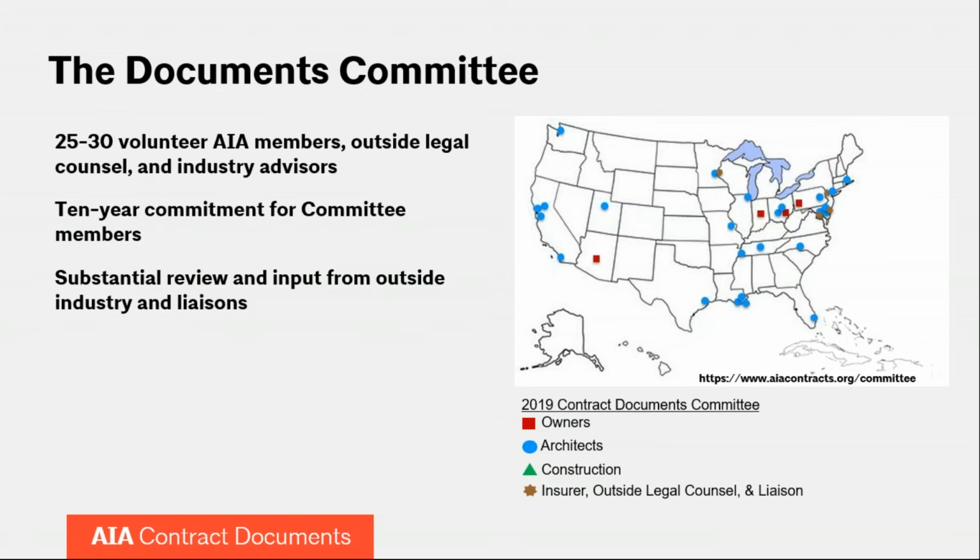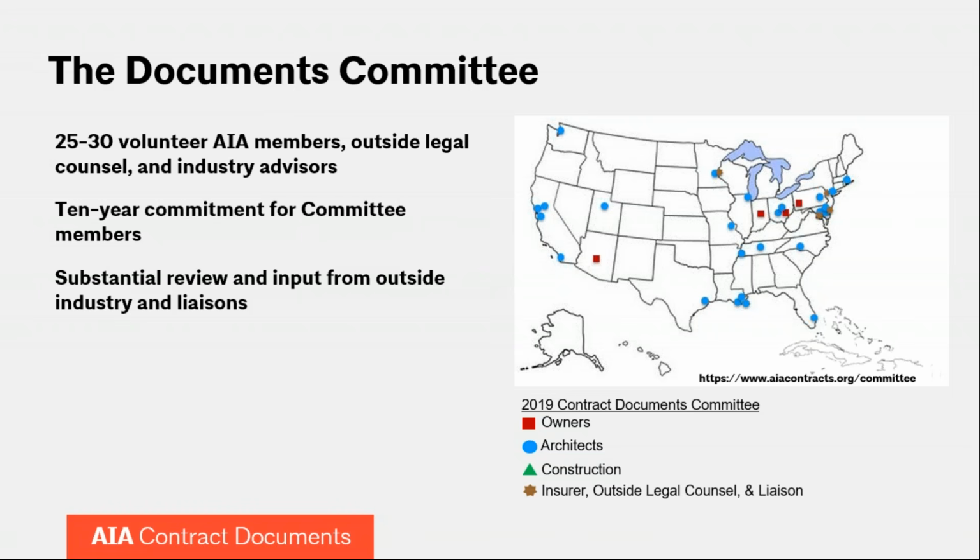One other piece of housekeeping, I suppose, that I need to discuss for a few moments is the way that the AIA creates contracts. Before working at the AIA, I can honestly say that I had no idea how the AIA created their contracts. But it is an interesting process.